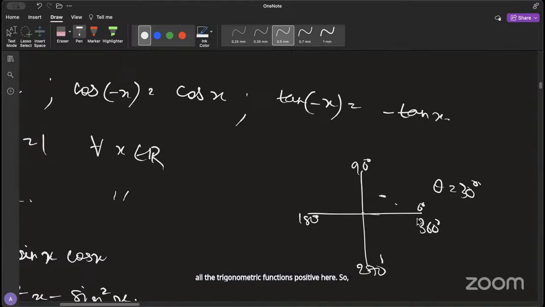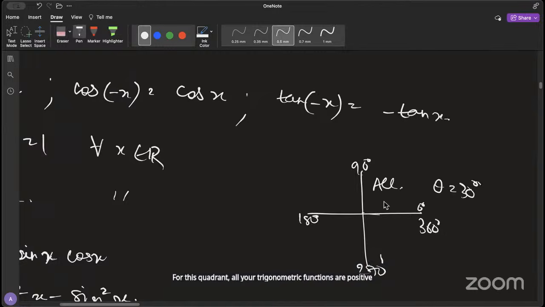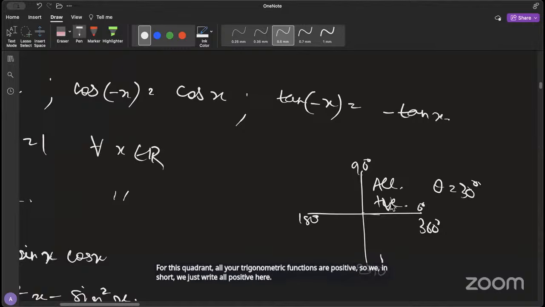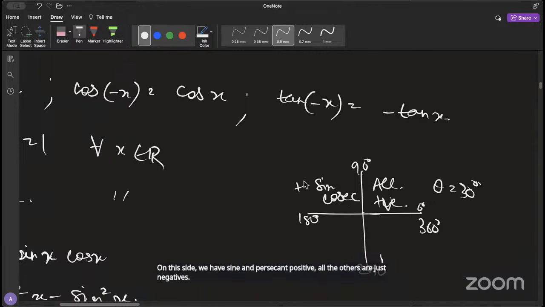So when your theta is between 0 and 90 degrees, that means when your theta is in this quadrant, all your trigonometric functions are positive. So in short, we just write all positive here. On this side, we have sine and cosecant positive. All the others are negative.